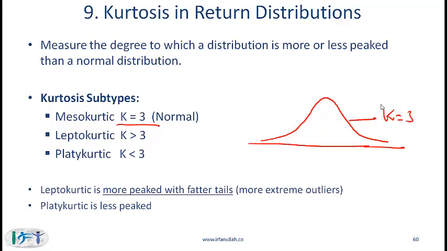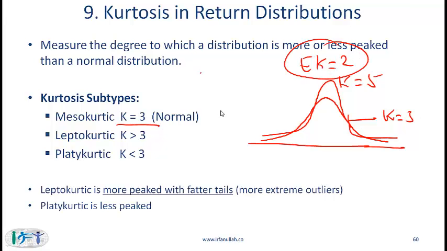If you have a distribution which has fatter tails and is more peaked than normal, such as this one, this has excess kurtosis. Let's say this has kurtosis equal to 5. The excess kurtosis is 5 minus the normal of 3, which is 2. Excess kurtosis here is equal to 2.